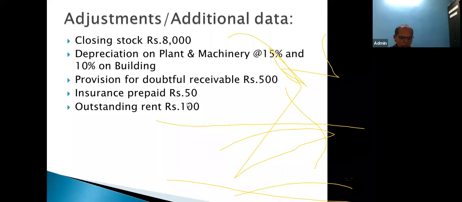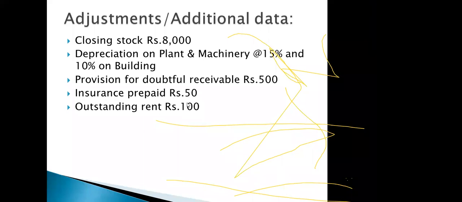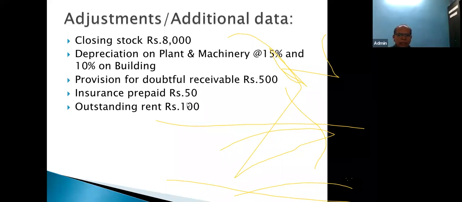From the insurance value we deduct prepaid insurance 50. From 350, how much is left? 250. So 250 will be written on the profit and loss account debit side. This is the first effect. The second effect: since insurance prepaid is an asset, on the balance sheet asset side, mention insurance prepaid, ₹50.